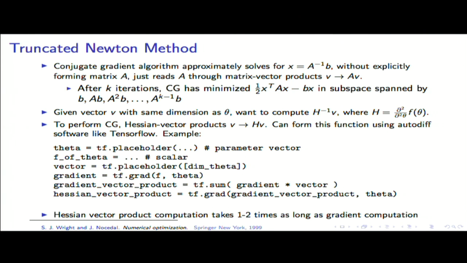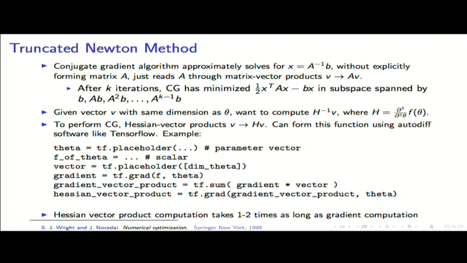Then you're going to plug that function along with a gradient vector, a numerical gradient vector, into a numerical routine that performs the conjugate gradient algorithm. So you're going to just have a generic implementation of conjugate gradient, which uses a matrix vector product and a vector, and it's going to solve approximately for A inverse G, where A is the matrix you're multiplying by, and G is the second argument you're passing in.